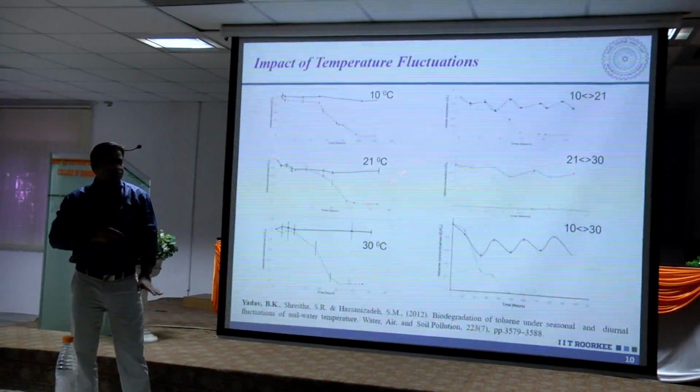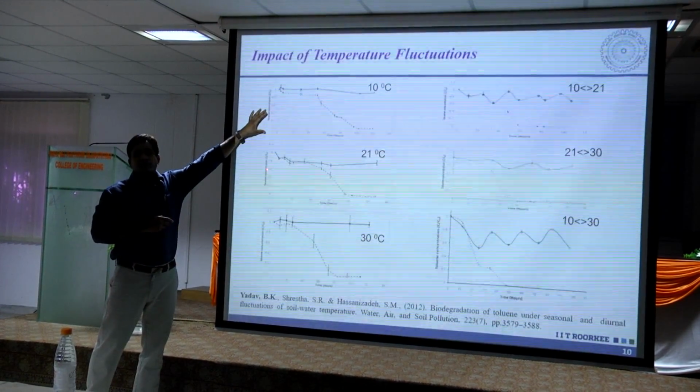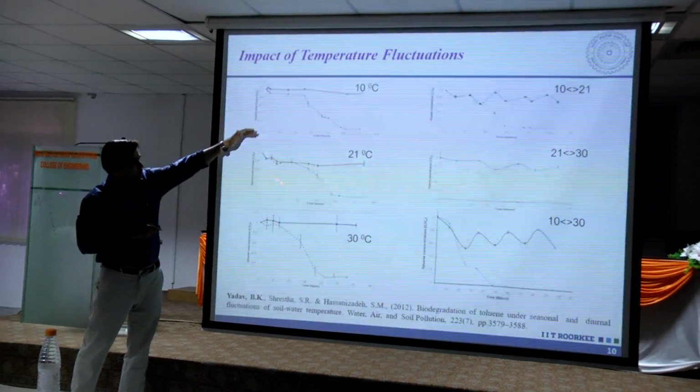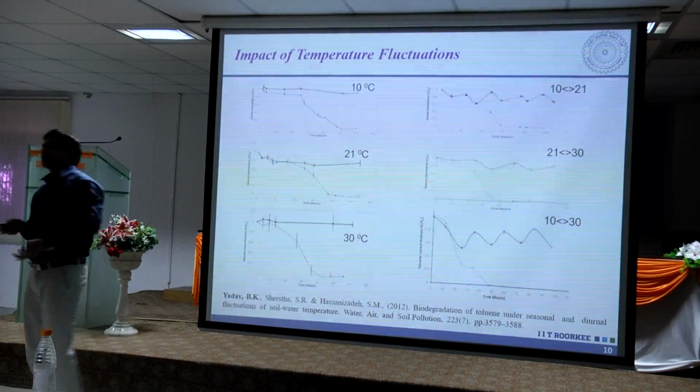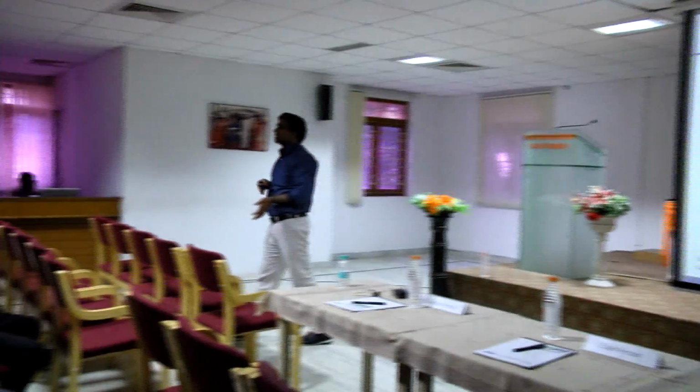What we have seen is that when we increase the temperature by 10 degrees Celsius, the time of removal is reduced by 1.5. Or in other words, by increasing the temperature by 10 degrees Celsius, the rate of biodegradation increases by 2. So that is the impact of temperature when kept constant.